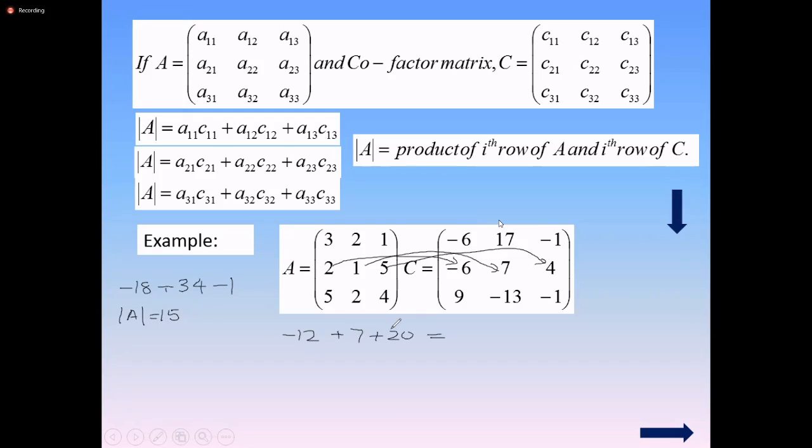Then what is the value? 7 plus 20, 27, minus 12. Then also 15.